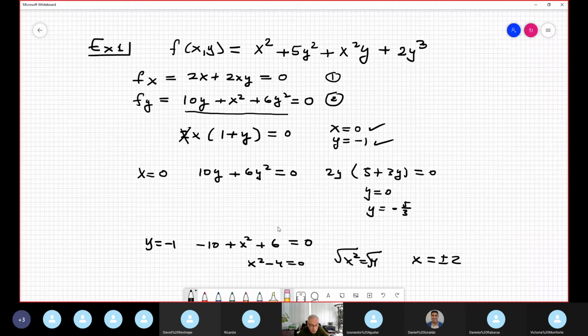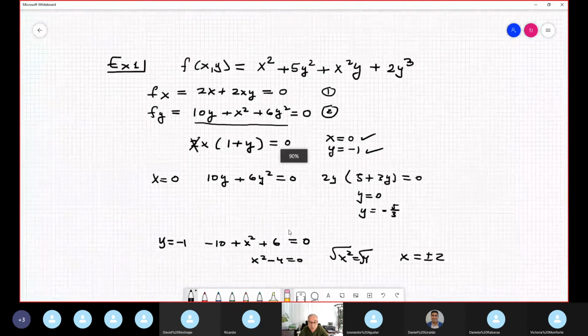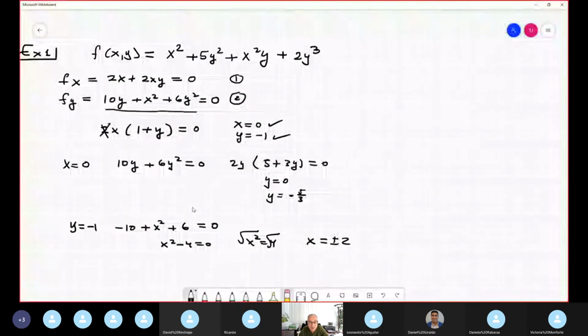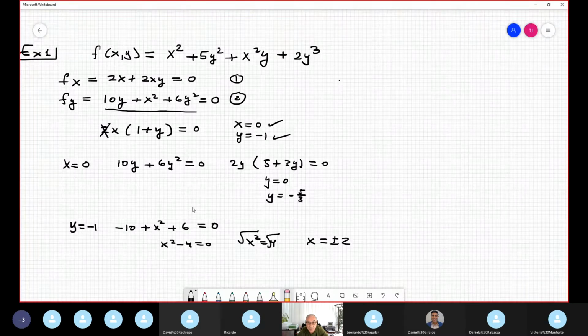Okay, so we have a lot of solutions. Wow. Well, one solution is, for example, 0,0, so 0 for x, 0 for y. Okay, I listed the point, the critical value. The critical value here is 0,0. Where does 0,0 come from? x is 0, y is 0.